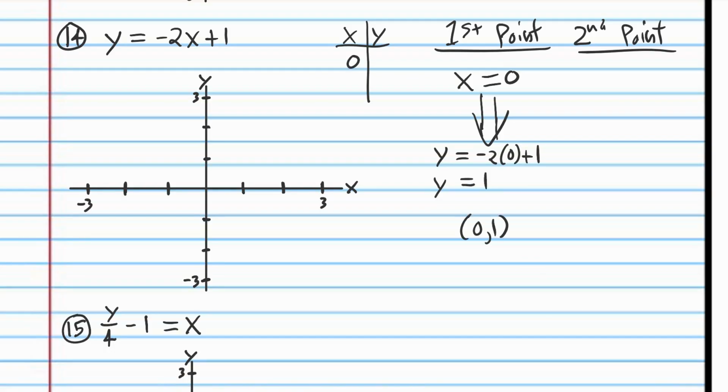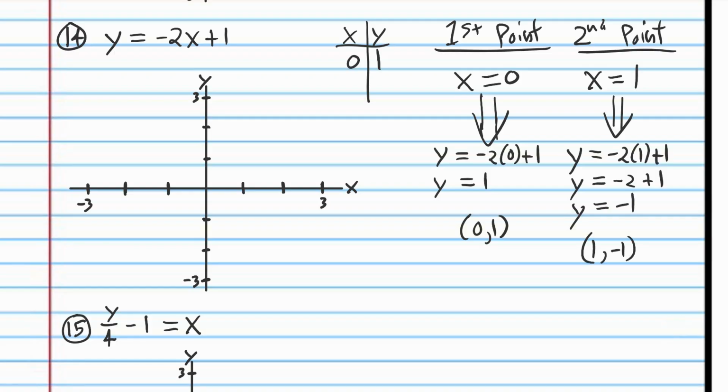Then I'm going to try x is equal to -1. Actually, I think I'm going to try +1. So I get 1, -1. 0, 1, 1, -1.